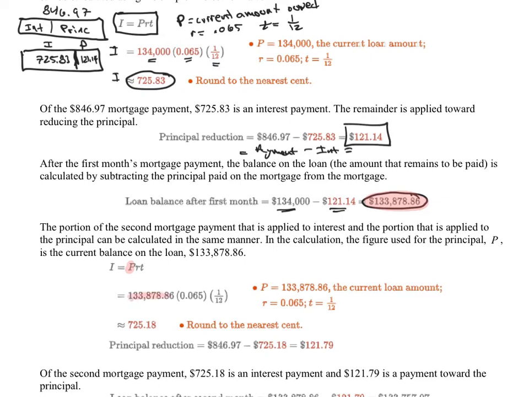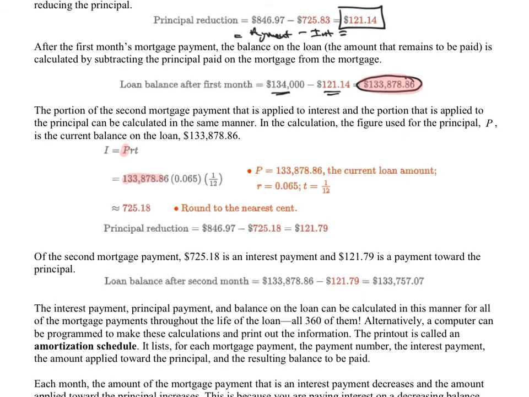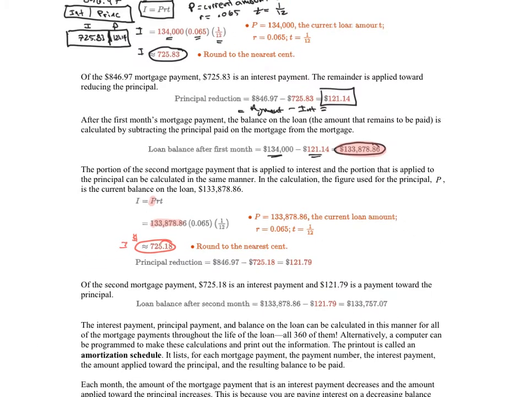So I put that number into the formula. I still have my 0.065 for the 6.5%. I still have my 1/12 for 1 month. So the amount of the second payment that's going to go towards interest is $725.18. Still a ridiculous amount of the payment that goes towards interest, but if you compare the two interest payments, it did go down ever so slightly.